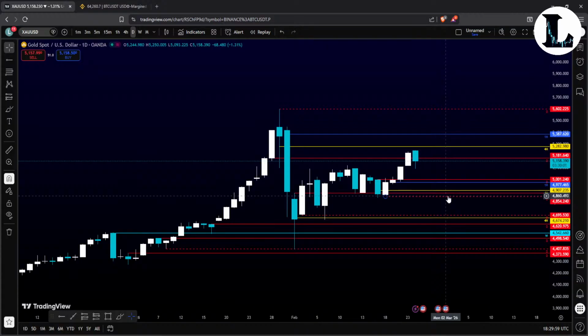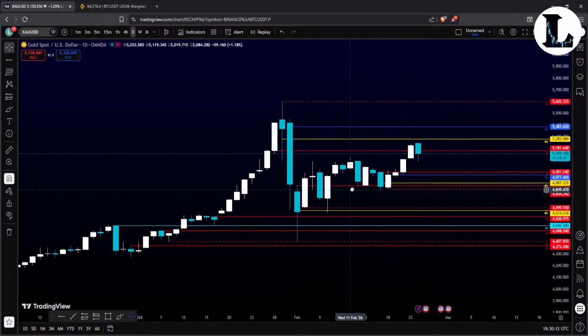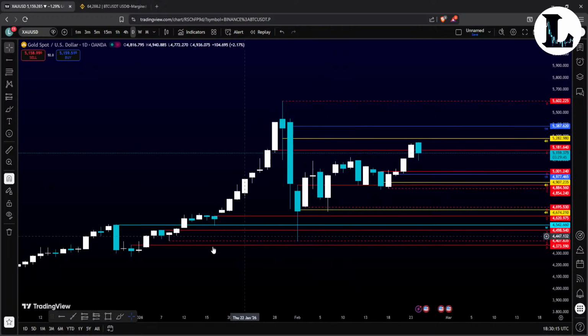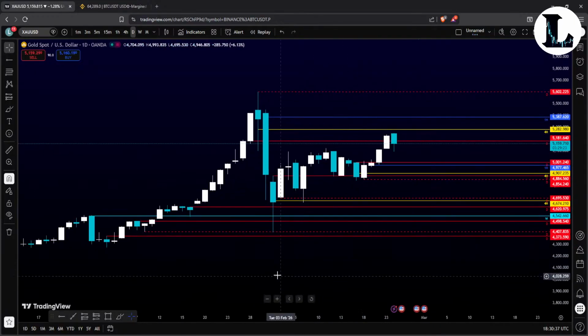I will just say that is not going to be a strong reaction, okay, because we already tested this daily a lot of times, and the week of this daily it is above the break here. So we already broke this break level and we already broke this break level. So this support and this support need to hold the price, otherwise the price will just break down, or maybe on this one or on this one create a liquidity level. And we need a second test to create a liquidity level, as I told you guys before.